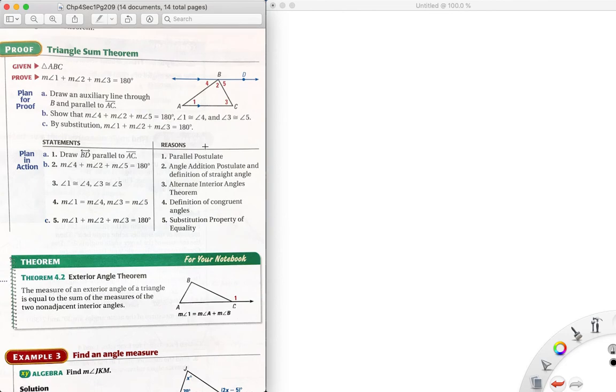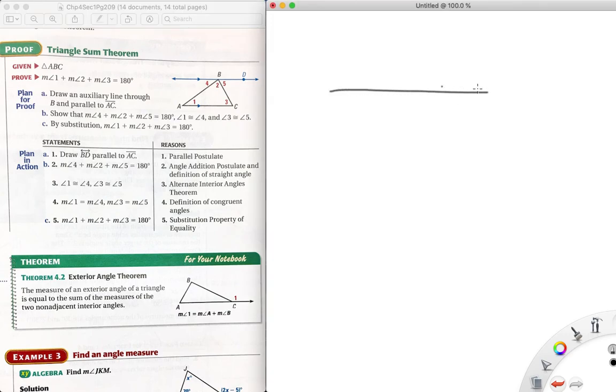If you remember the parallel postulate, we have a line and a point, and it says that through that point we can draw one and exactly one line parallel to the line. We did that earlier in chapter 2, I believe, the parallel postulate and perpendicular postulate. So that's what we did. We drew a line parallel through that particular point, point B.